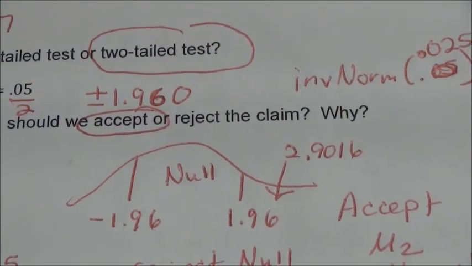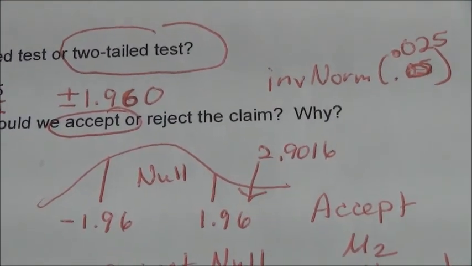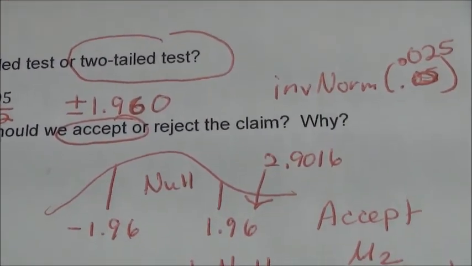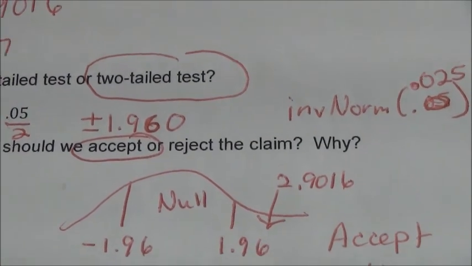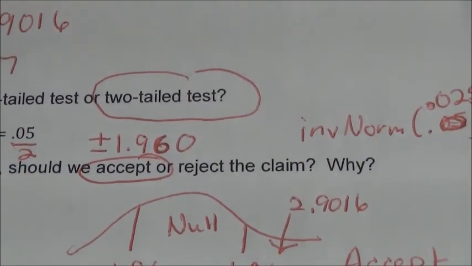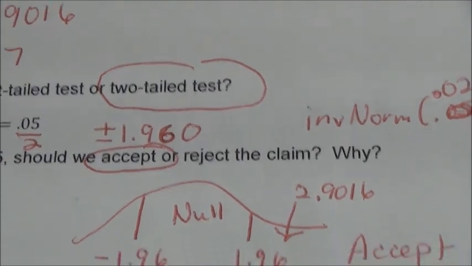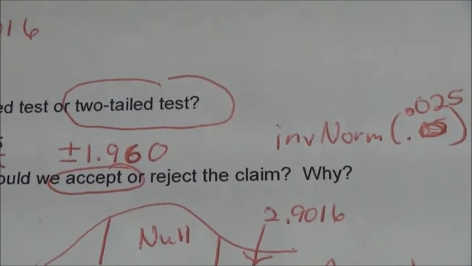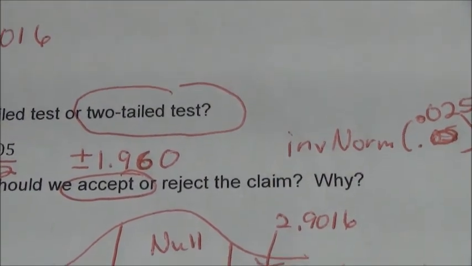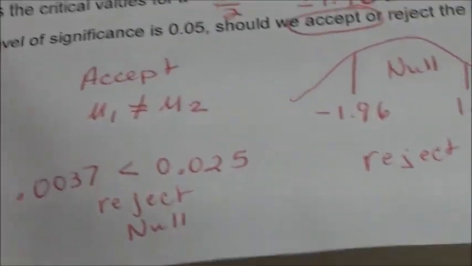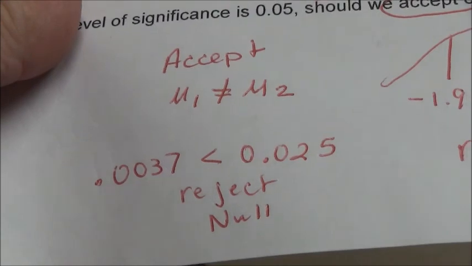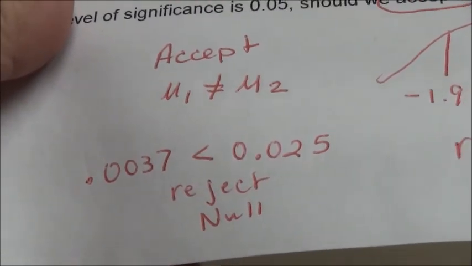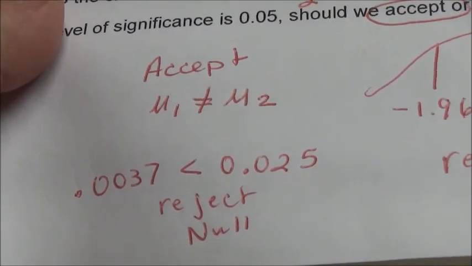Our test statistic was 2.9016, which is greater than 1.96 and would fall in the alternative hypothesis section. And in this case, that was our claim, that there is a difference, so we are going to accept the claim.